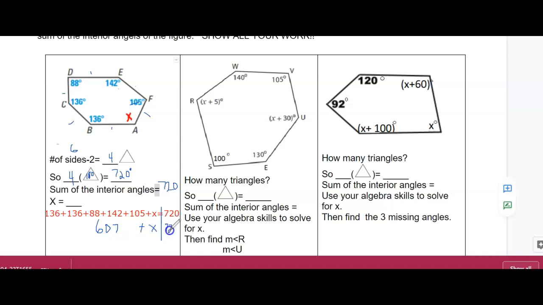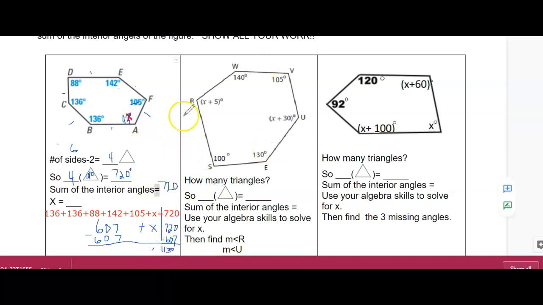So I need to solve for x, so I'm going to subtract 607 from both sides. So what is 720 minus 607? Go ahead and figure that out. Good, you should have gotten 113. So this measure of angle A is 113 degrees.